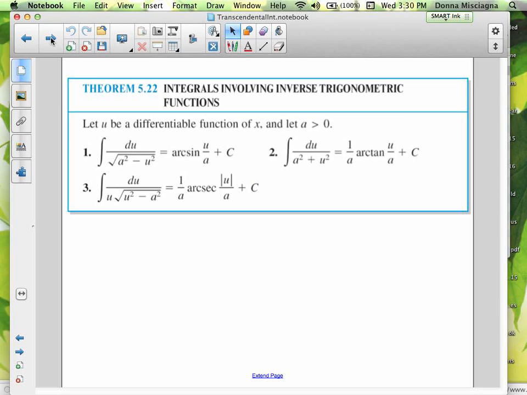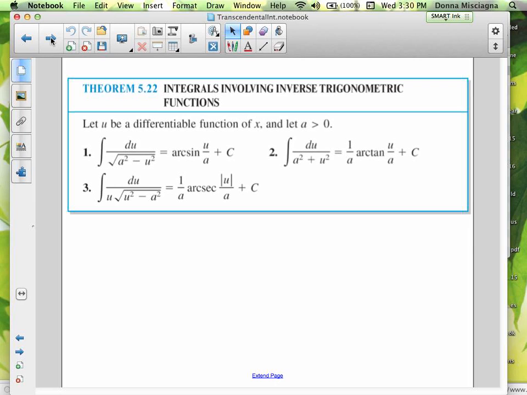So if we have the derivative of a function over the square root of a perfect square minus u squared, notice whatever this is, it's going to be the derivative of this one with the square on. And that's going to be arc sine. Arc sine of what? It's going to be this one over this one.